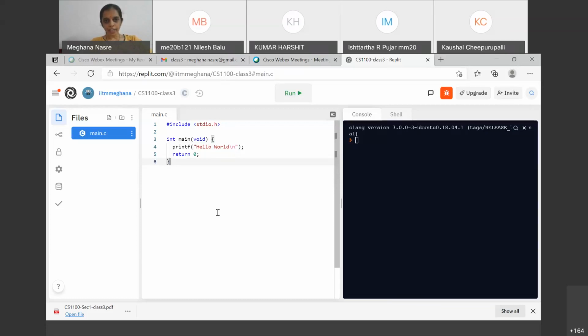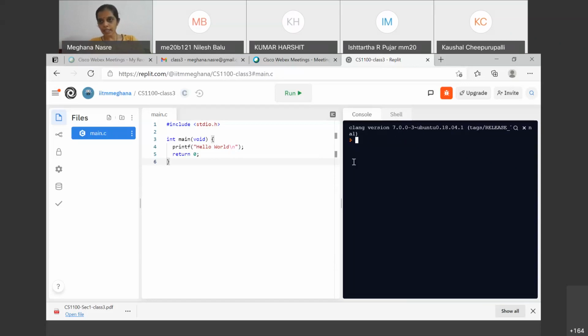Okay, so on the left hand side, what you see is an editor. On the right hand side, there is a console, where you will be able to do things which will simulate your environment on a Linux machine. And typically when we hold our labs in CS1100 in person here, we have all our Linux machines, so this is very close to what you would have seen in the lab.